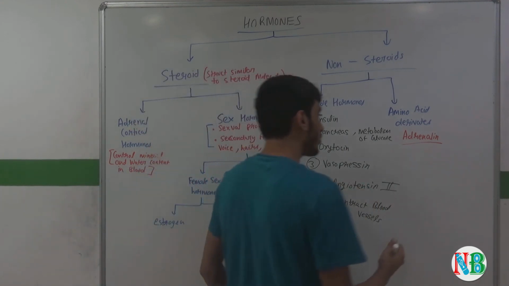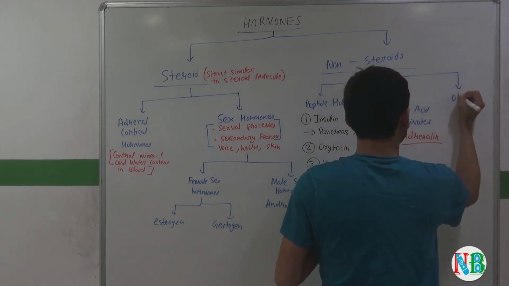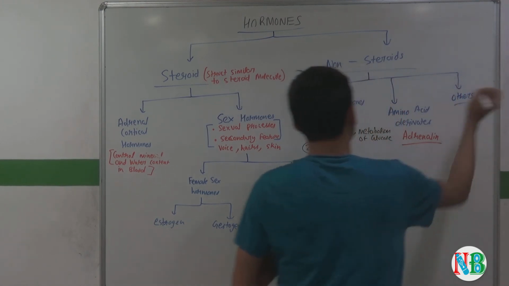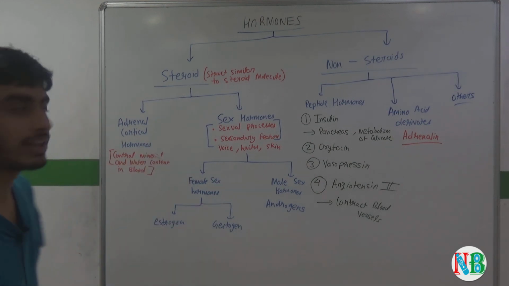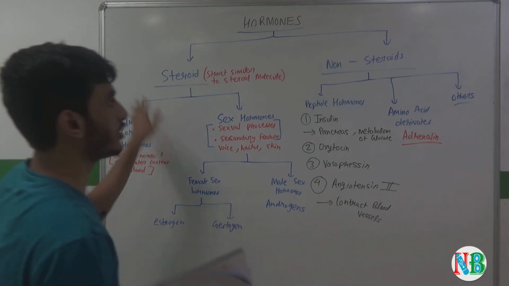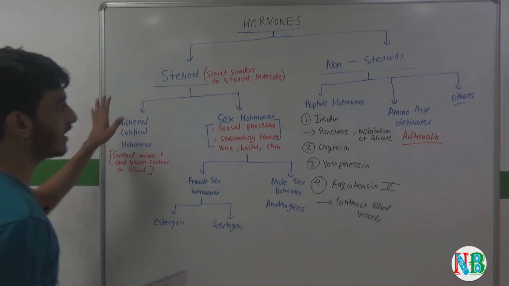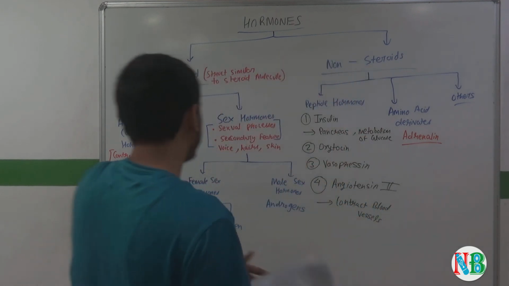That energy is caused by a hormone. There are always some other hormones too. So these are all the hormones we have in our body. You just have to learn about them a bit. So there are two main sections: steroids and non-steroids, with adrenal cortical hormones, sex hormones, amino acid derivatives, and these four peptide hormones.